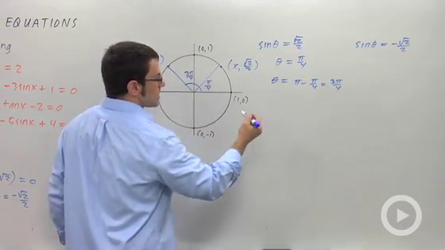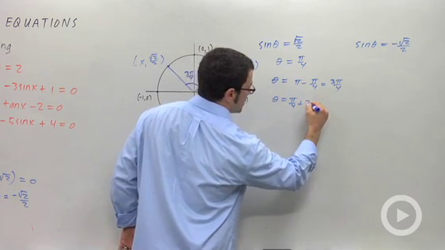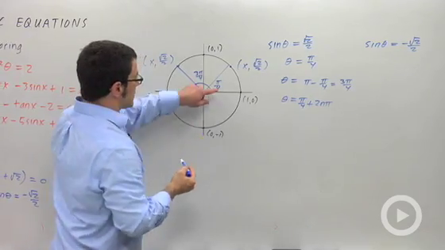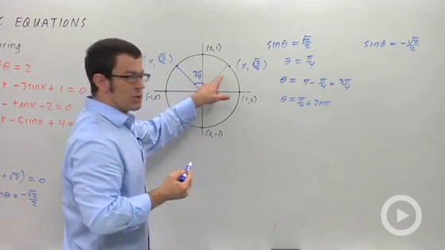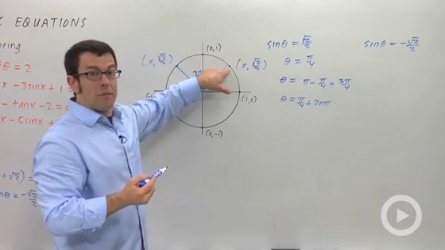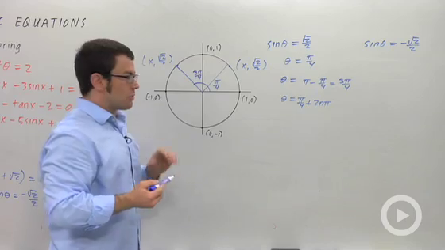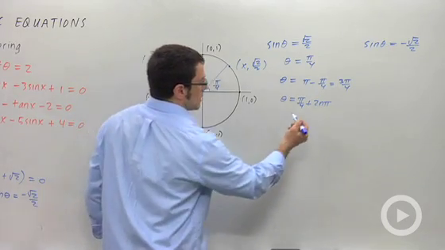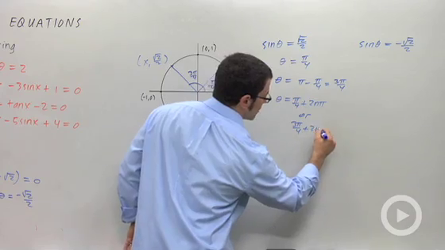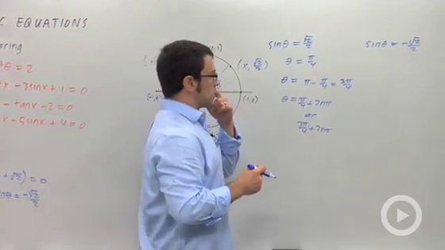And if you want to get the rest of them, you just add 2n pi, right, from periodicity. I could take pi over 4 and add 2 pi to it. That would still be a solution, because it would give me the same point on the unit circle. I could add another 2 pi, or subtract any integer multiple of 2 pi, or 3 pi over 4 plus 2n pi.